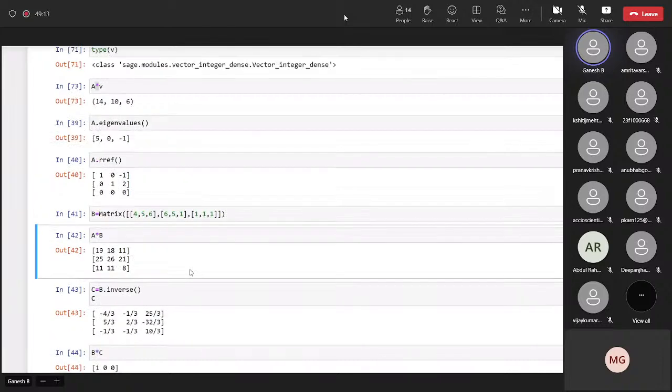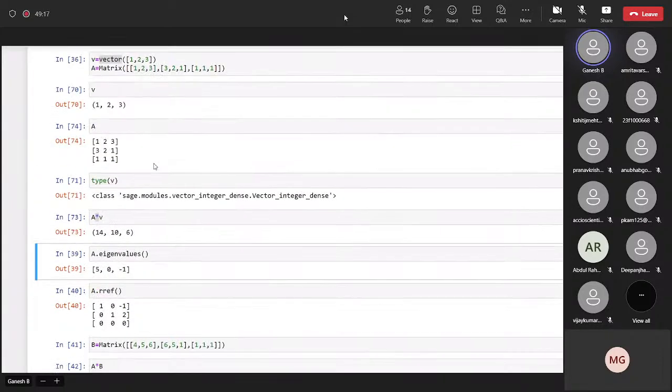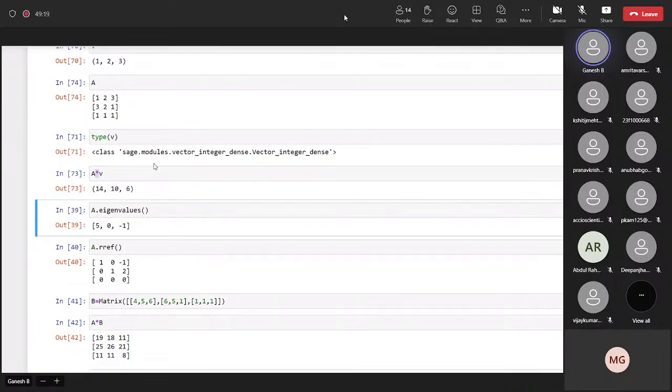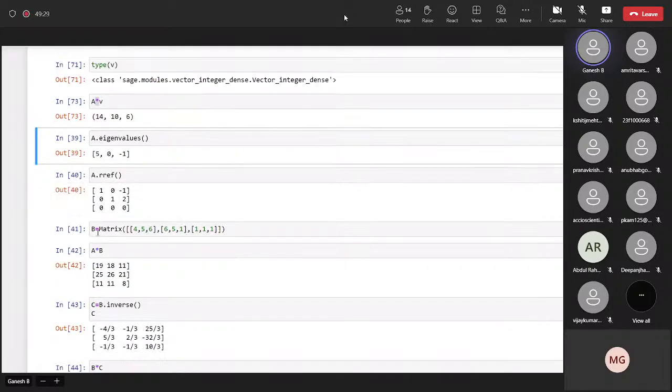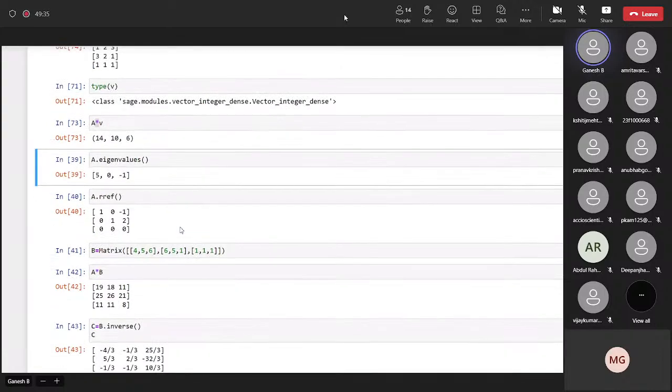And that's pretty much all the basic stuff in matrices. There are other things as well. You can define a vector space, find its basis, find its dimensions, and do all sorts of stuff with it. But for now, you don't need much of that. These are the basic things you need when dealing with matrices.